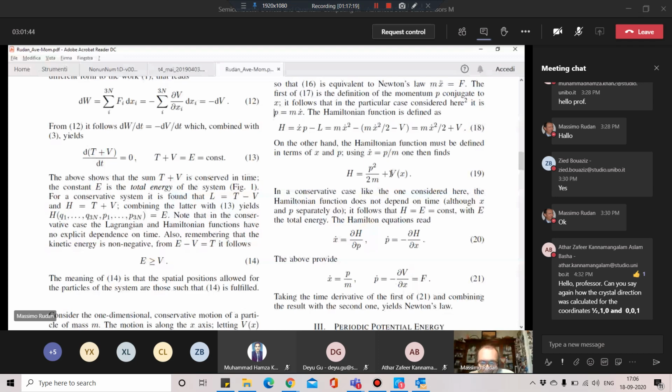When we consider a crystal, we must consider the potential energy acting on one of the electrons that are inside the crystal, okay? The crystal has many electrons in it.